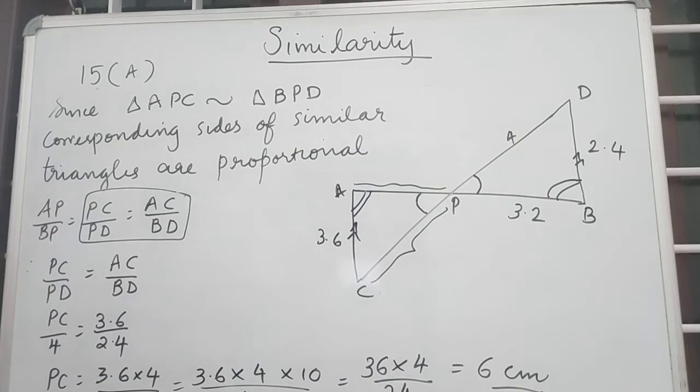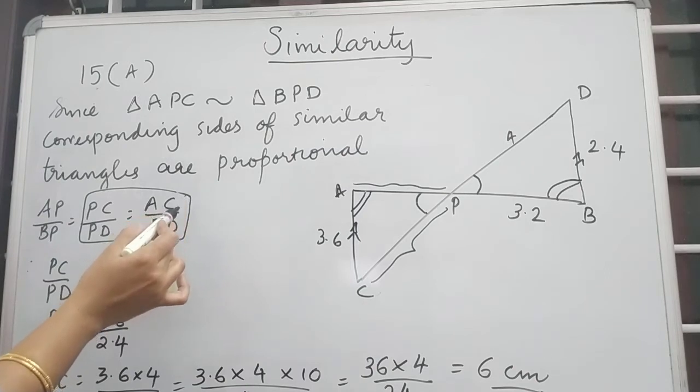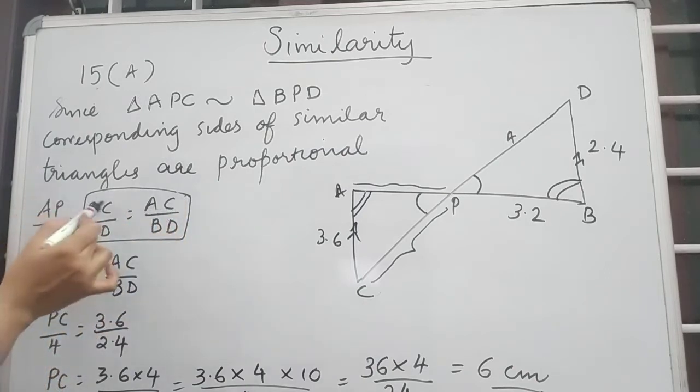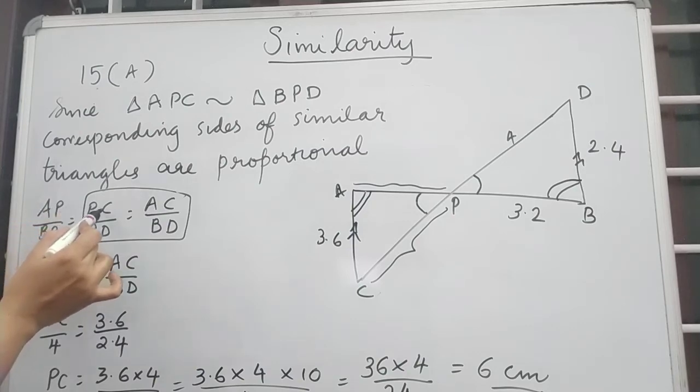We have the values, so substitute them. PC we want to find out, we don't know that. So PC divided by PD is 4, AC is 3.6, BD is 2.4. Why are we taking these two first? Because AP we don't know and PC also we don't know.